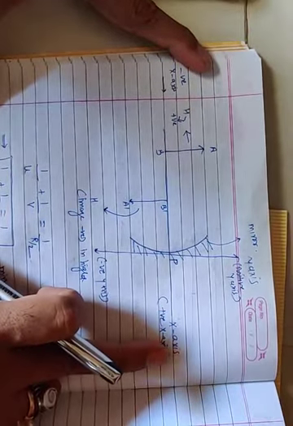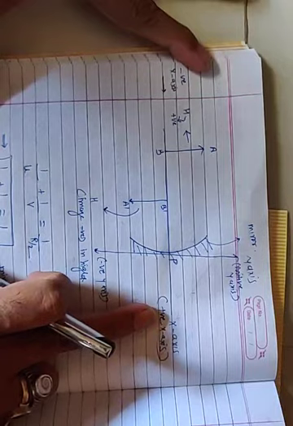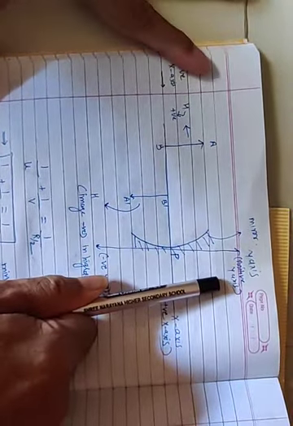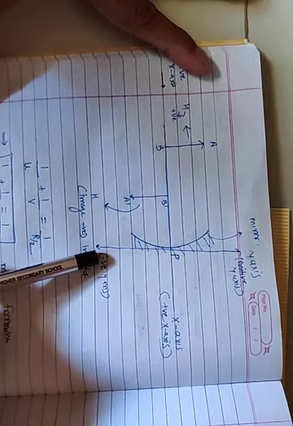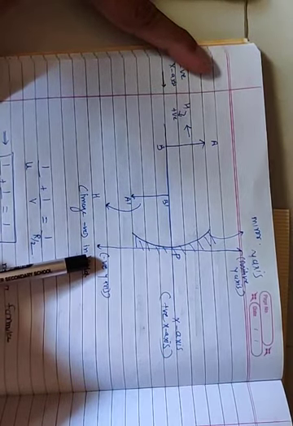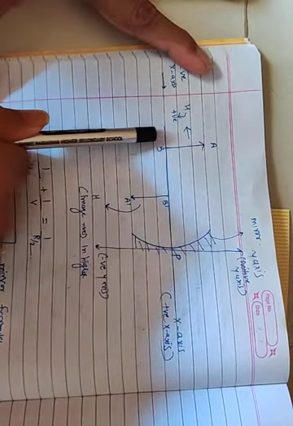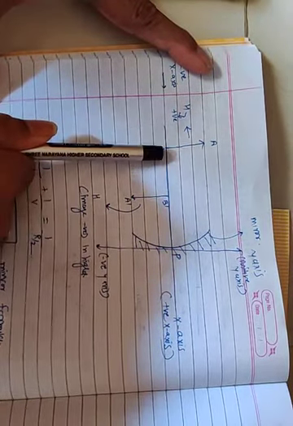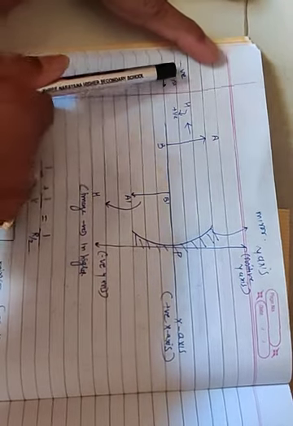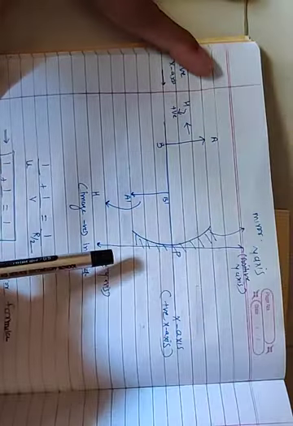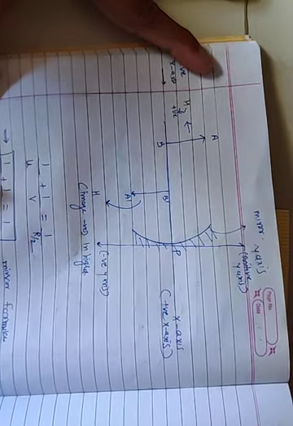All points on the positive x-axis are positive. On the y-axis, all points upward are positive. In the downward direction, y-axis points are negative. And here all the points on the x-axis to the left are negative. So x-axis is negative on the left and positive on the right, y-axis is positive upward and negative downward.